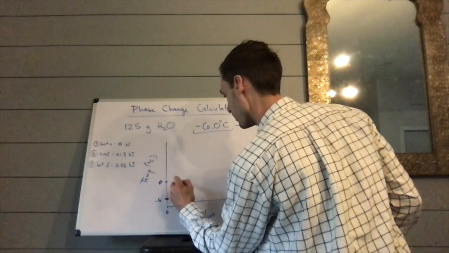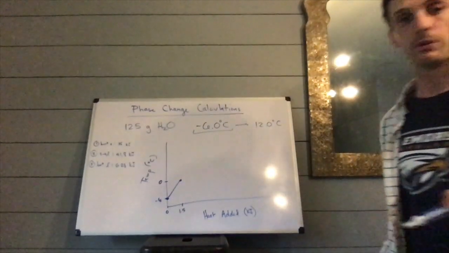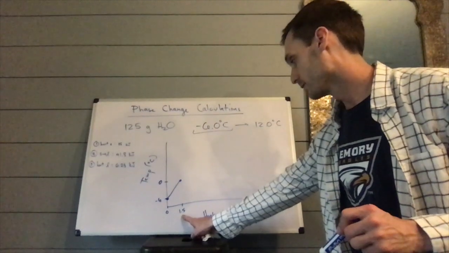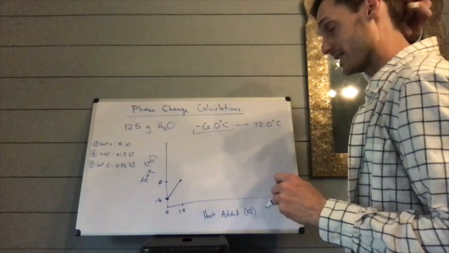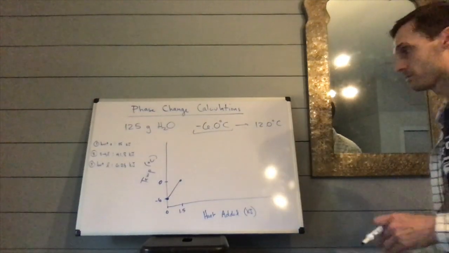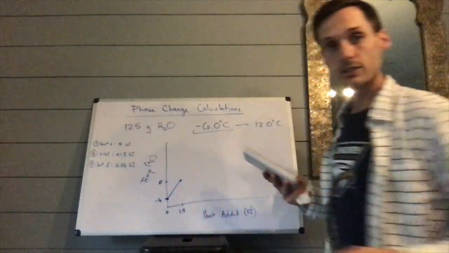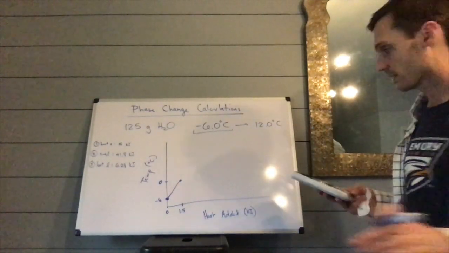So we would go from that point up to this point, and we can connect those two dots. So after 1.5 kilojoules of heat is added, we increase the temperature from -6 degrees all the way up to its melting point. Now remember, when it's going through this phase transition, the temperature is not changing.